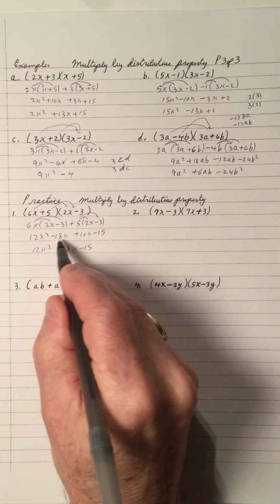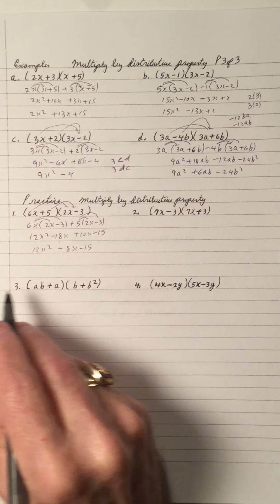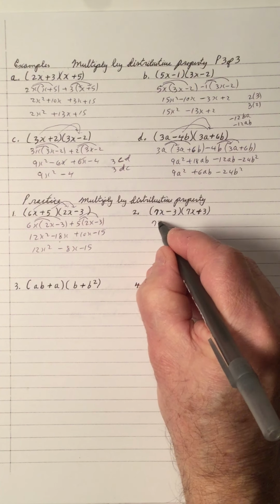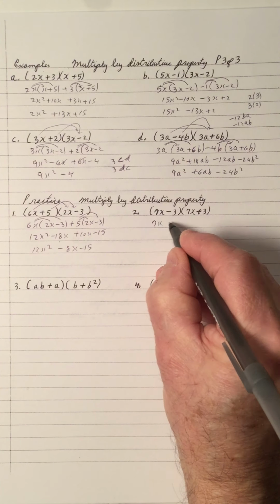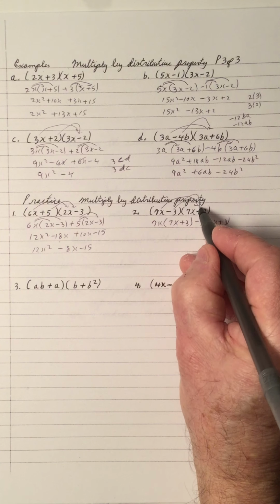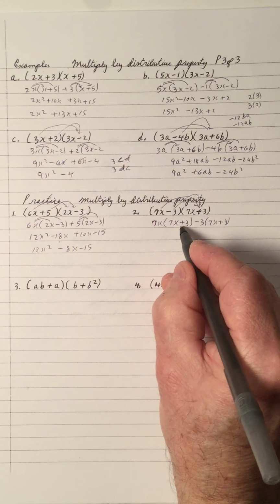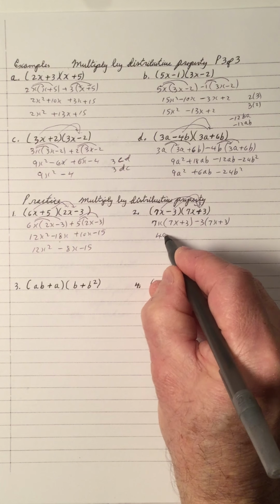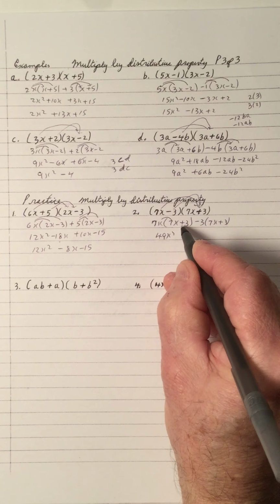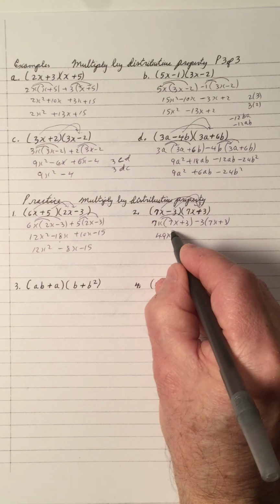You can only add these two because they're x's, like terms. And 7x minus 3 times 7x plus 3. Again, the 7x is multiplied by the two of these, and the negative 3 is multiplied by the two of these. Now we have to do the distributive property here to give you 49x squared. Done. We have to do it here. That's a square.